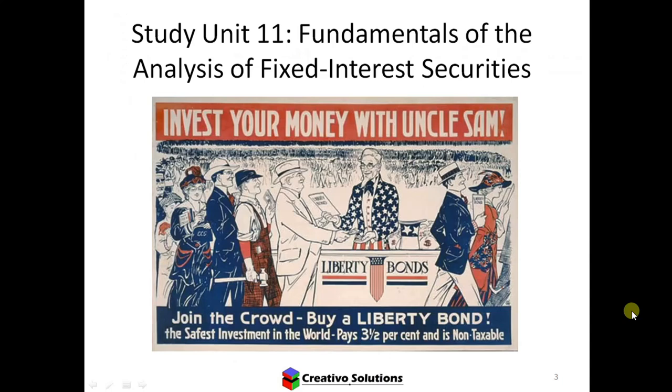So just remember, a fixed interest security is basically something like a bond, which provides us with a certain amount of interest or a payment that's going to be received over a period of time. So when you're looking at fixed interest securities, you could be looking at something like a government bond, you could be looking at corporate bonds, you could be looking at any assets that's going to be paying a certain amount of interest in the form of maybe a coupon payment that's going to be payable to the investor over a period of time.